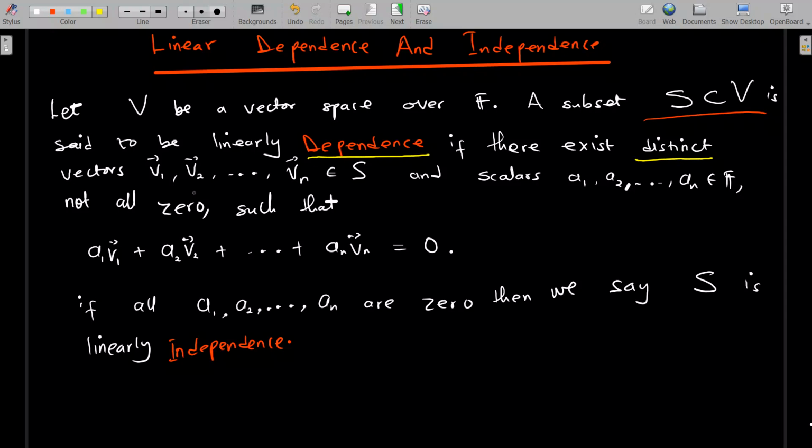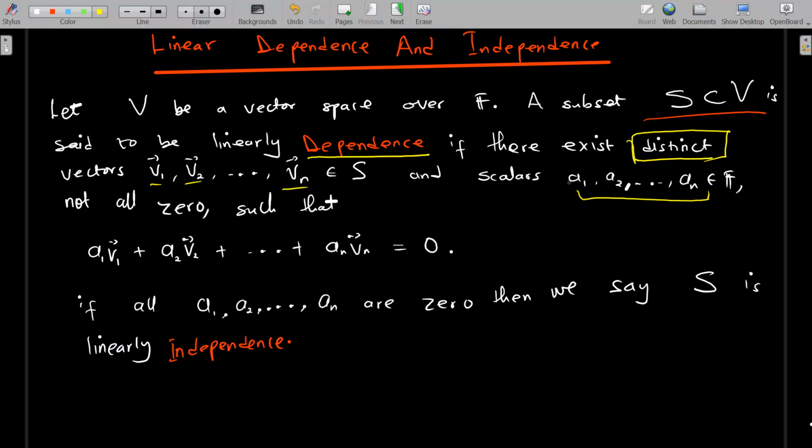In V, so all the vectors you have, little v1, v2, all the way to vn, are all vectors in S. And scalars, so these scalars can be the same, not necessarily distinct, but this distinct part here is actually for the vectors in the set S.